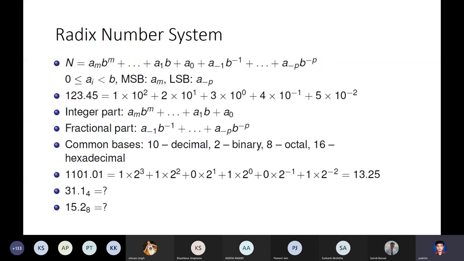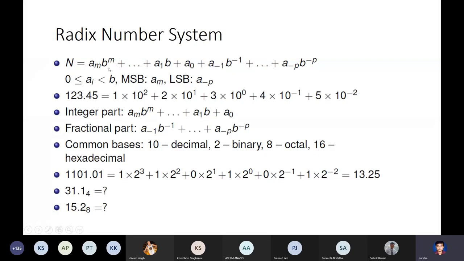Okay, so all of you know that number systems are almost universally, except for some early systems, a positional system or a radix system. So any integer n, initially let us consider only positive integers n, can be expressed in this form.